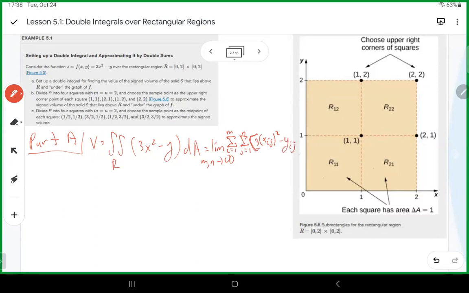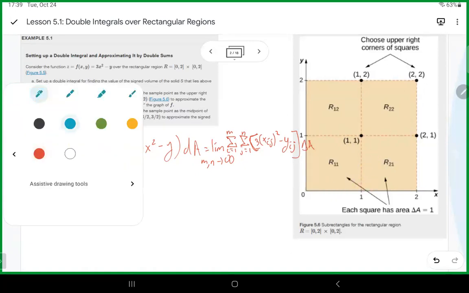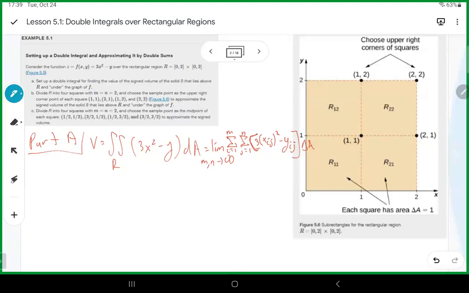I'm going to go on the image a little bit. Okay. All right, so that is our answer for A.